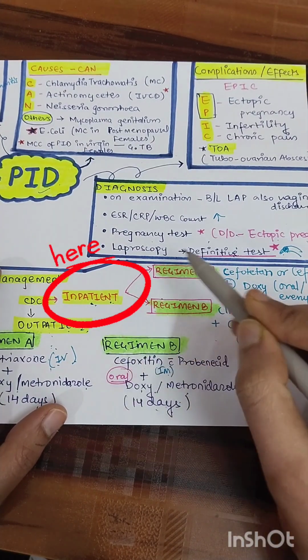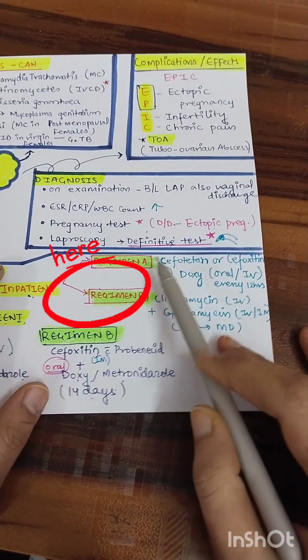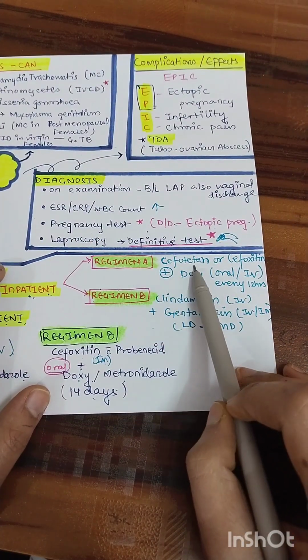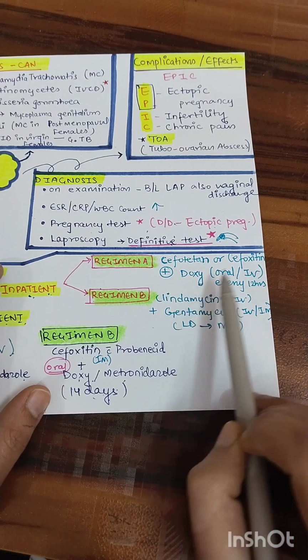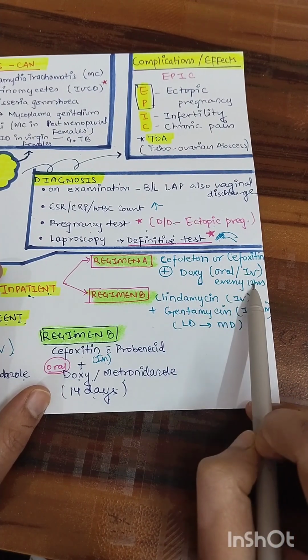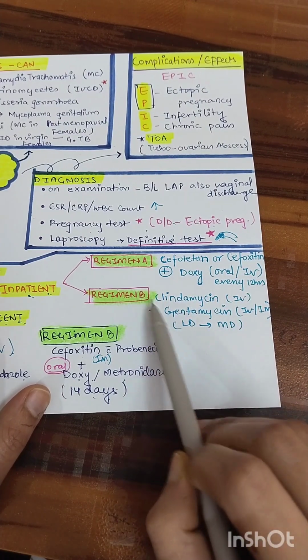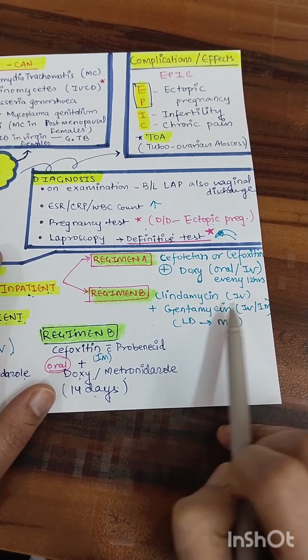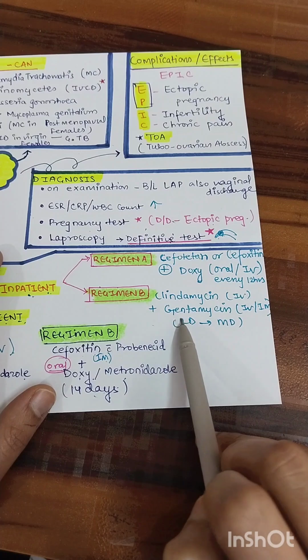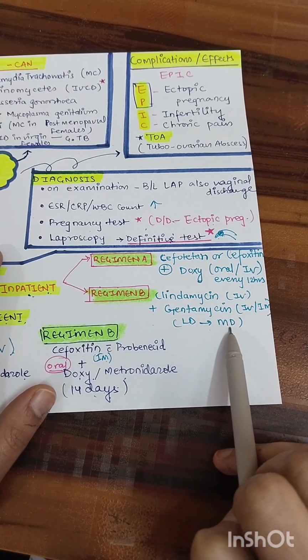In that case, you will give the IV regimen. So regimen A: cefotetan or cefoxitin with doxycycline, oral or IV, every 12 hours. Then regimen B is clindamycin IV with gentamicin IV or IM, loading dose followed by the maintenance dose.